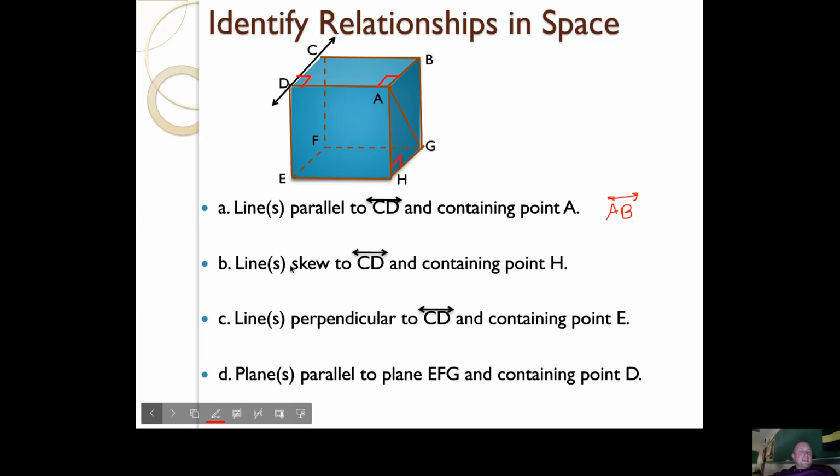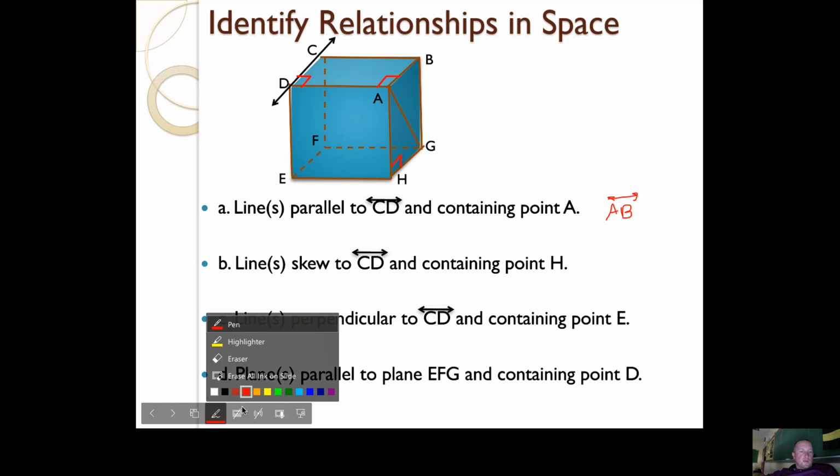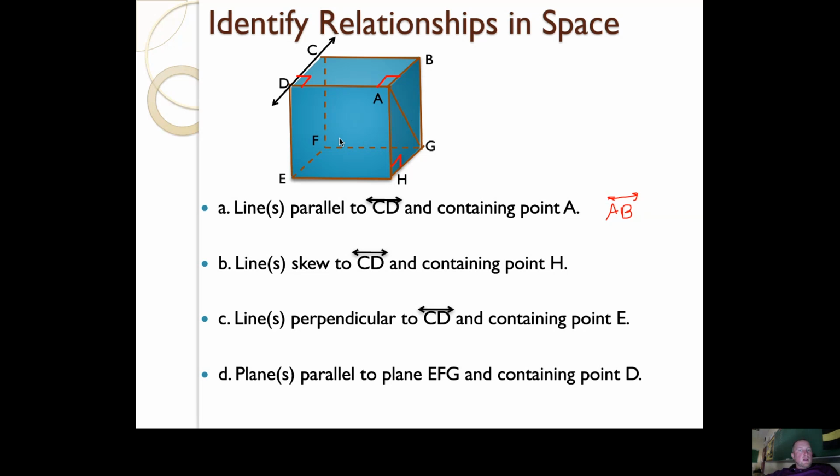Part B, we need a line or lines that are skew to line CD that contain the point H. So think about a line that is skew to this one. Well, the ones that touch it, they can't be skew to it. And the ones that are parallel to it can't be skew to it. So our skew lines would look like line BG, line FG, line AH, and line HE.